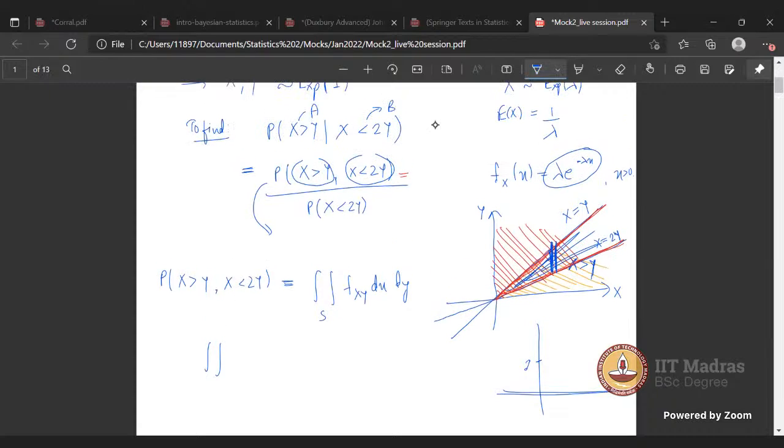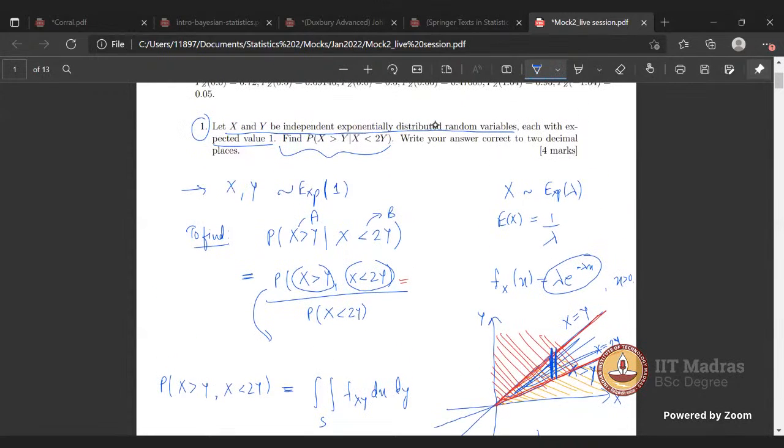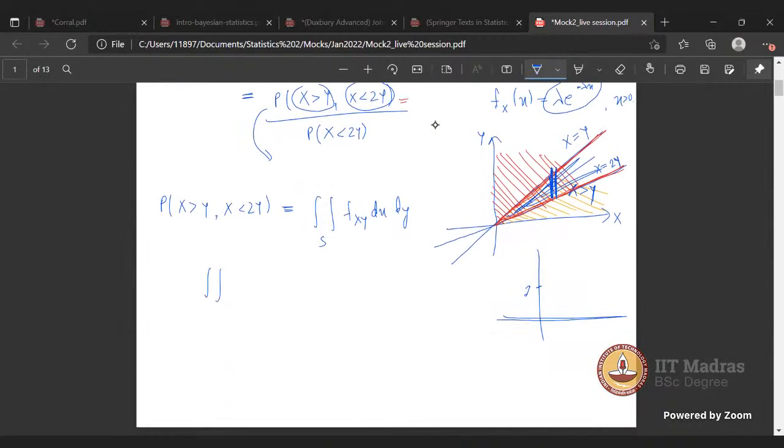We don't know the joint distribution f of x, y, but it is given that x and y are independent. So whenever x and y are independent, we can always write f of x, y as f of x times f of y.